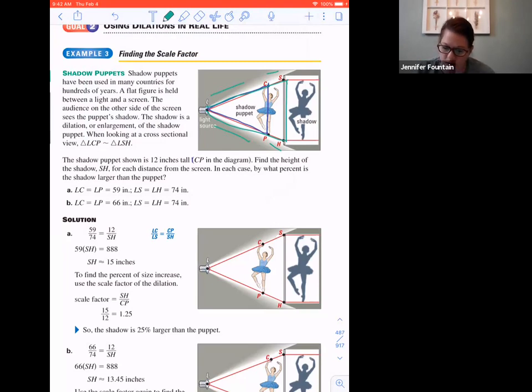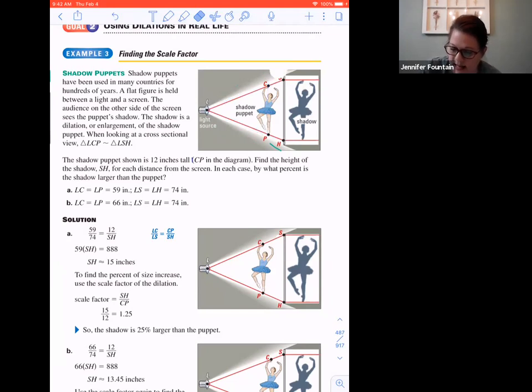It says the shadow puppet shown is 12 inches tall. Find the height of the shadow, SH, for each distance from the screen. In each case, by what percent is the shadow larger than the puppet? LP equals 59 inches. Okay, let me erase this real quick.